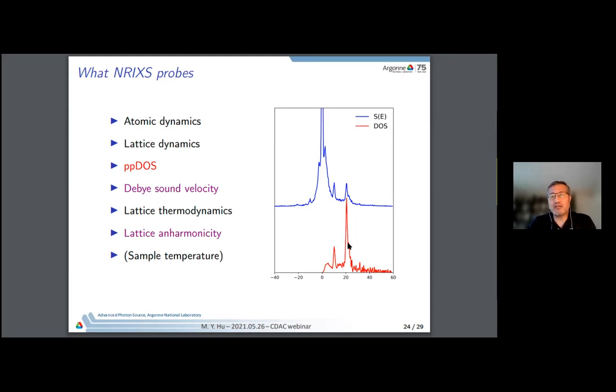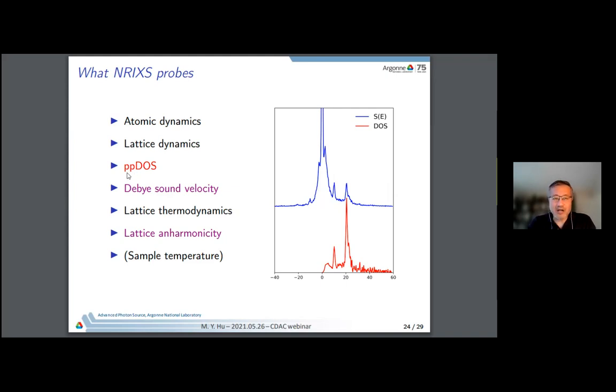And then from there you can deduce the phonon density of states, and this PP means partial and projected. The partial is because this technique is seeing only the nuclear isotope, not any iron atom. A particular iron atom has the iron-57 nucleus.